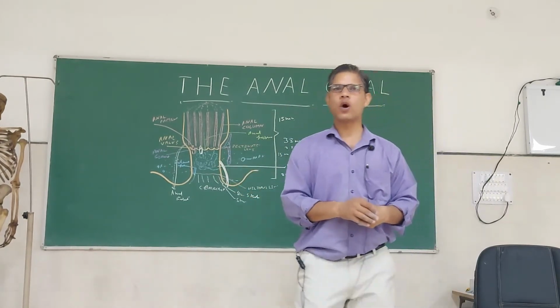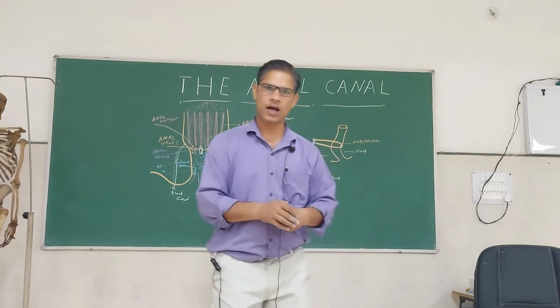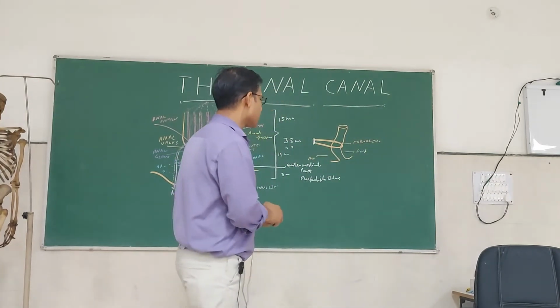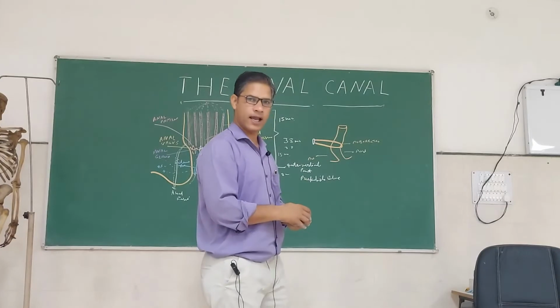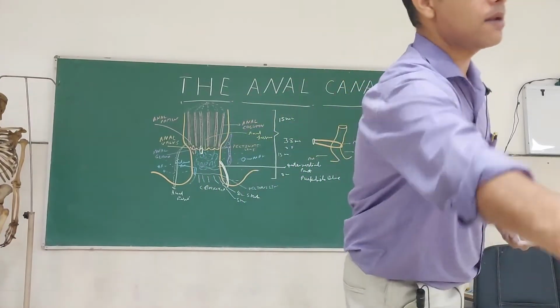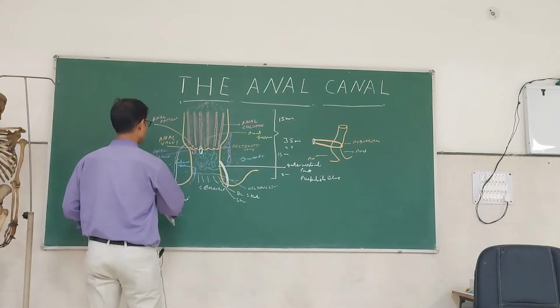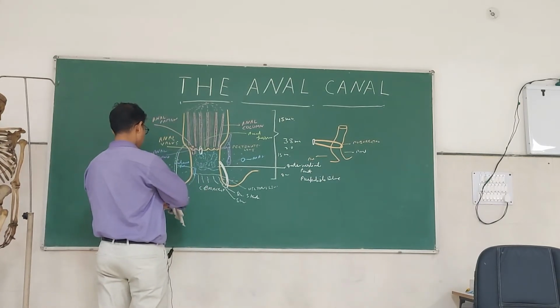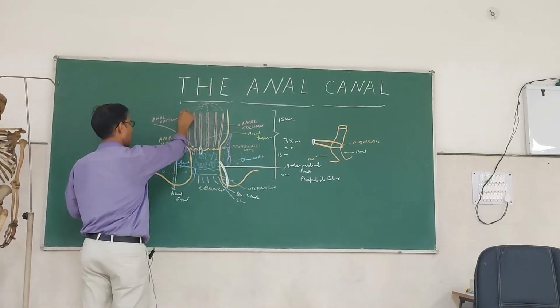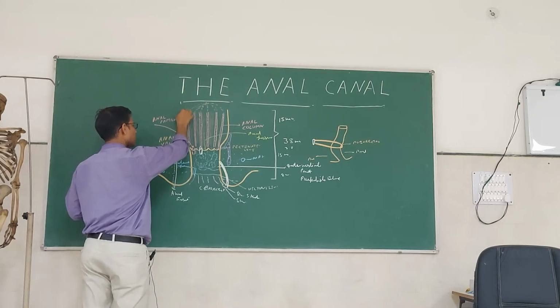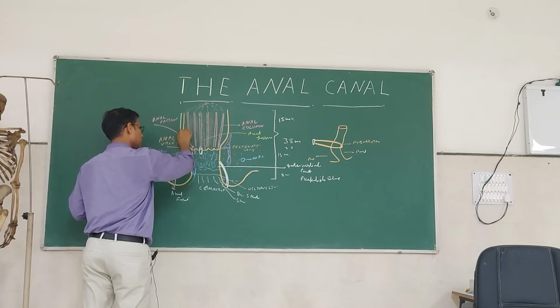Now coming to a very important aspect of the anal canal, that is the sphincters of the anal canal. For this, I am drawing a very simple diagram. With the green color, I am drawing the internal sphincter.